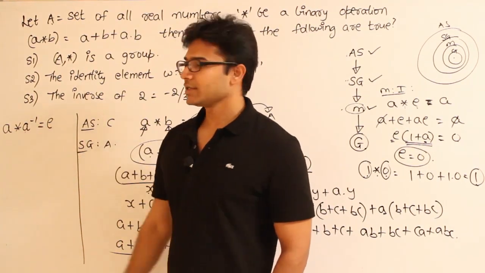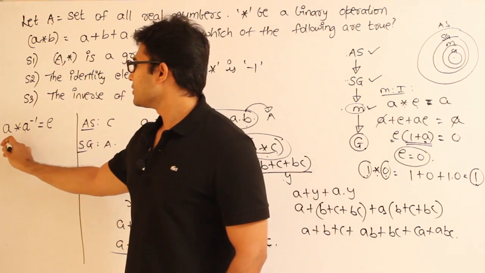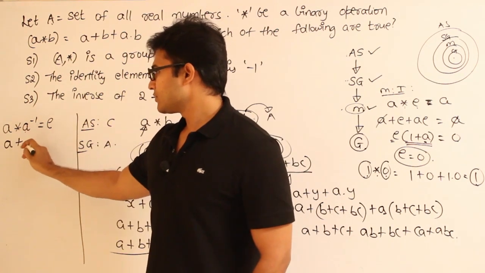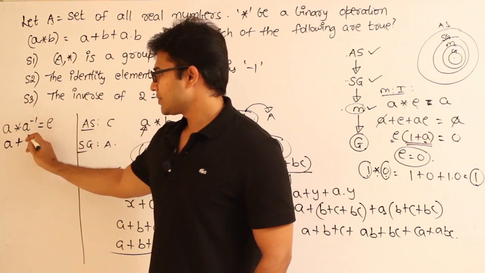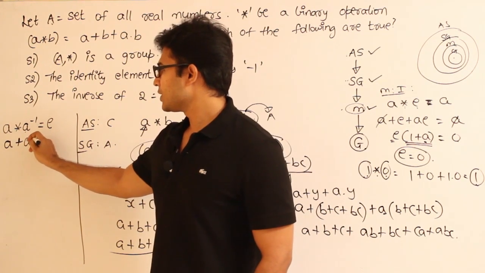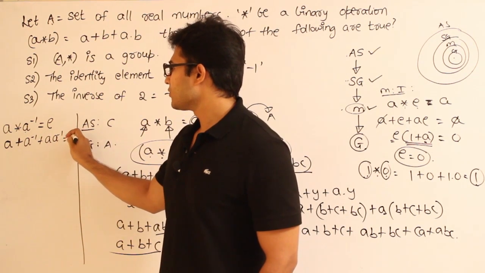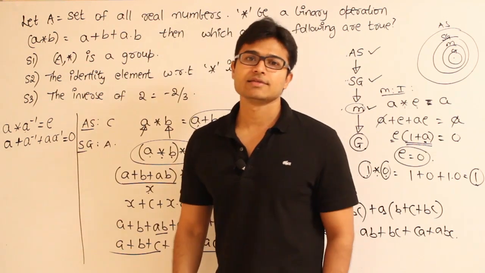Then only we call such an a inverse as inverse, right? So we already have an element a, and a inverse is one more element, and we are applying this star. What does it mean? I am expanding this a star a inverse. It is going to be a plus a inverse plus a into a inverse is equal to 0. Why 0? Because the identity element in this case is 0.